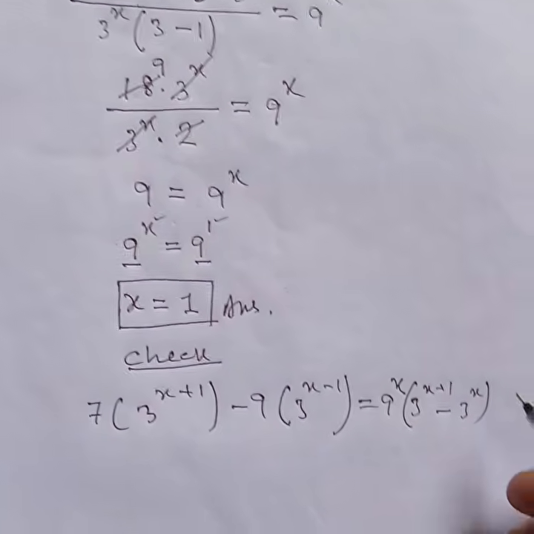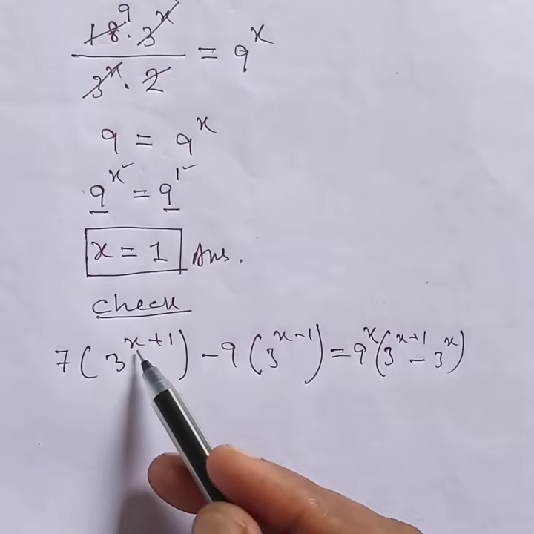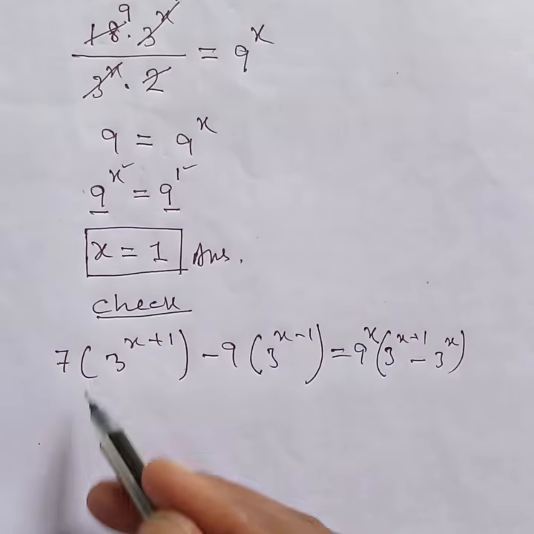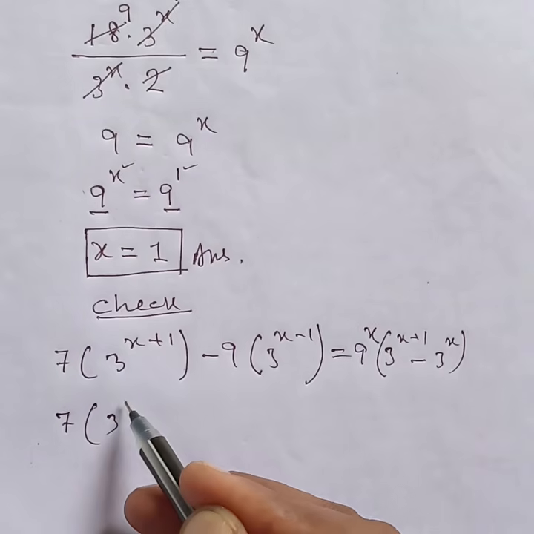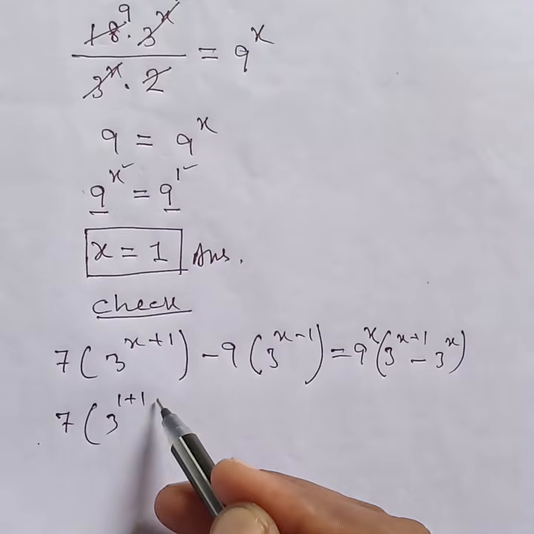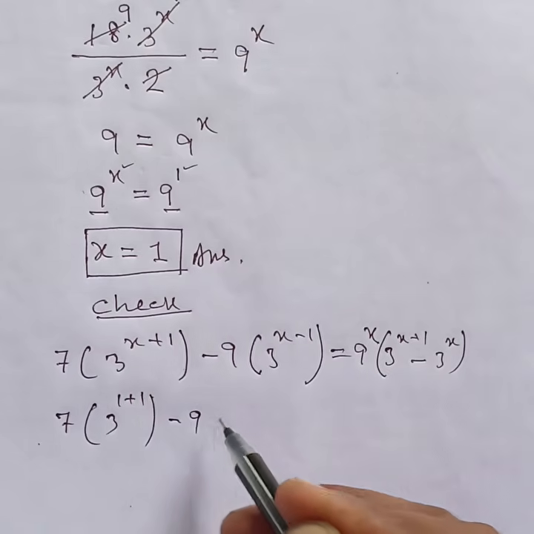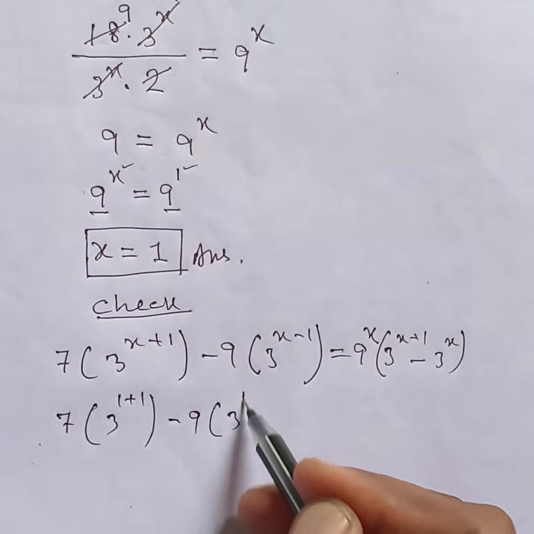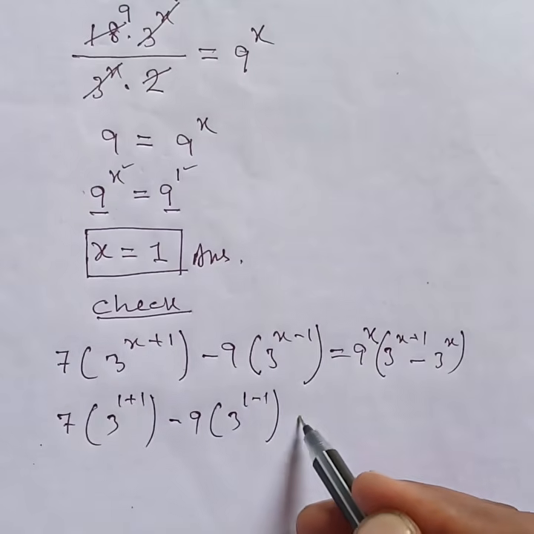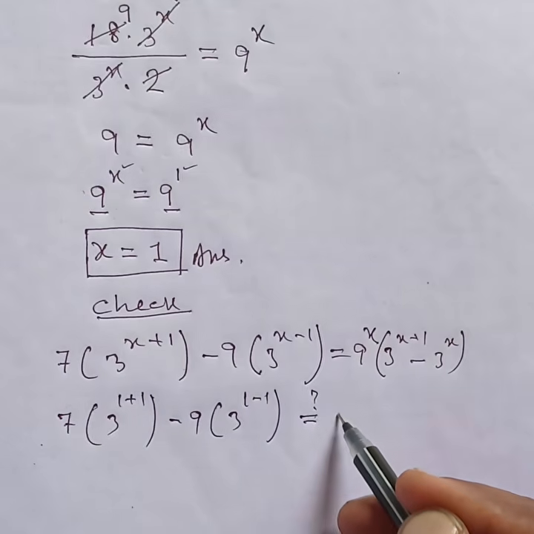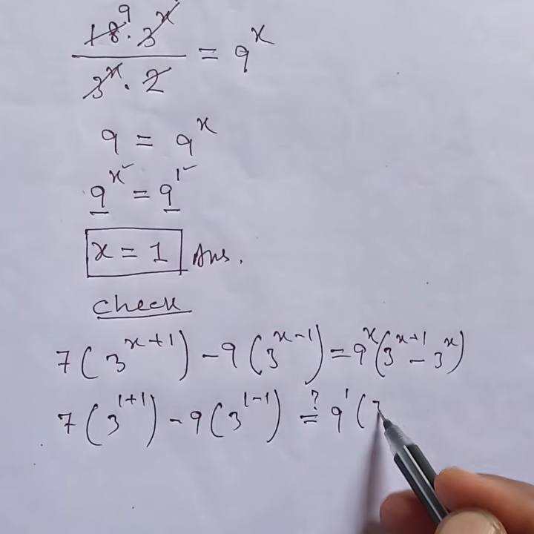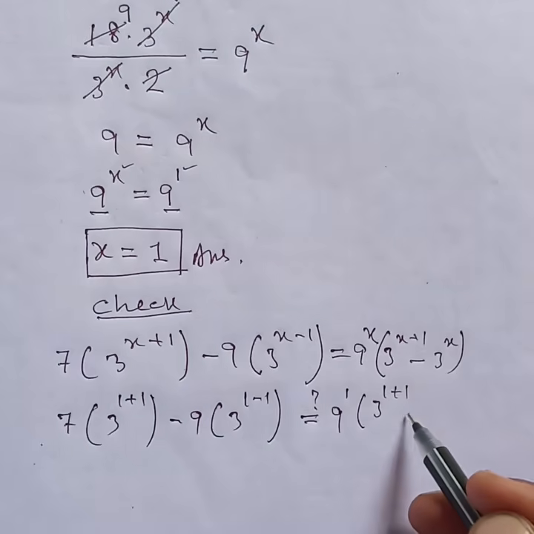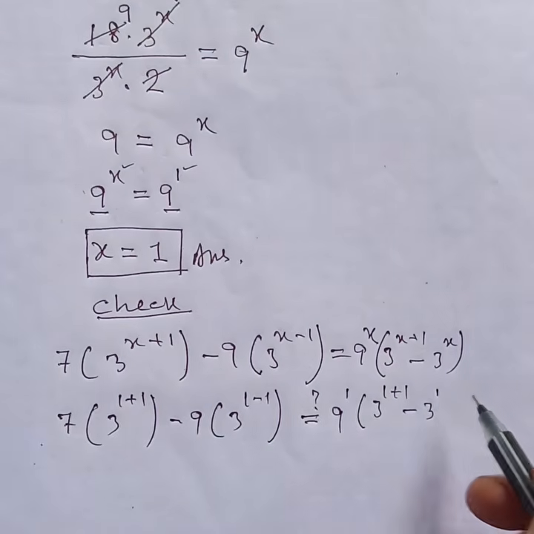We put the value of x in all these terms, then we get 7 times 3 to the power 1 plus 1, minus 9 times 3 to the power 1 minus 1, is equal to 9 to the power 1 into 3 to the power 1 plus 1 minus 3 to the power 1.